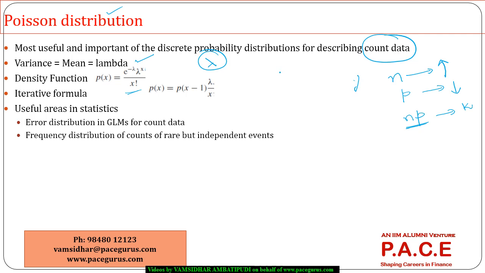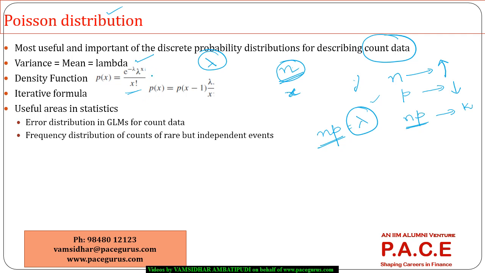Here I'm not talking about an experiment being performed n number of times. I'm only defining lambda, which is np, on average the number of successes, and based on that we want to find the probability that we are getting at least one success, two successes, and so on.